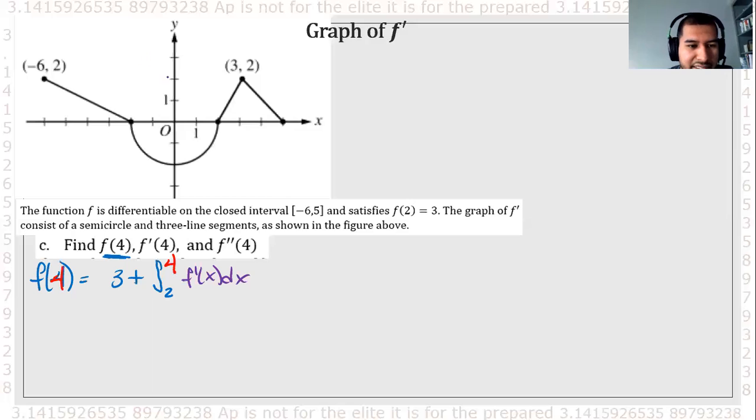So I'm gonna do the exact same thing. I'm gonna integrate from 2 to 4, right here. So all of this area.